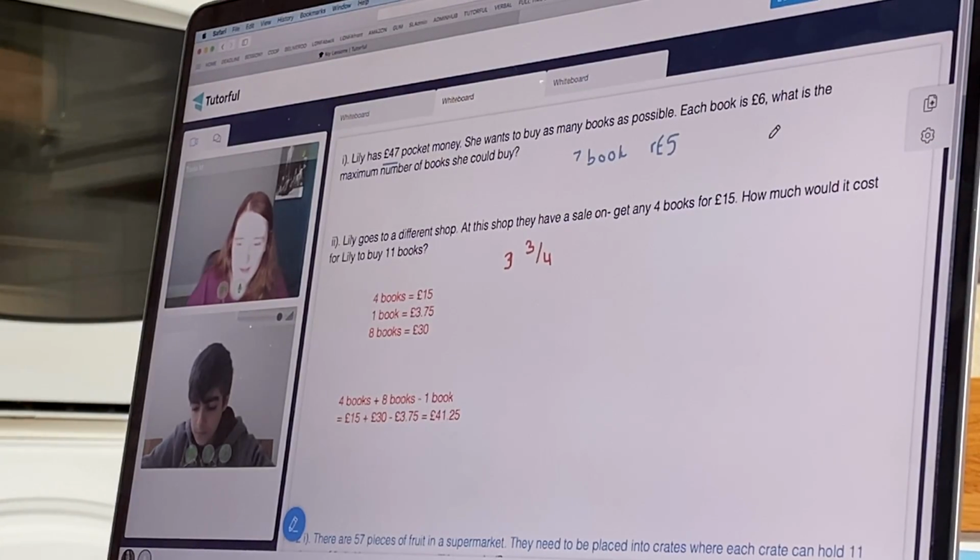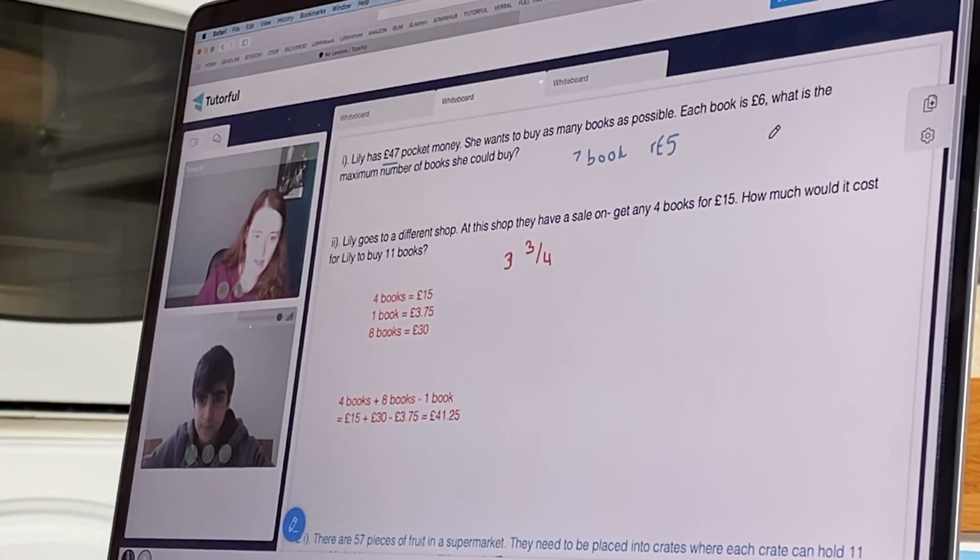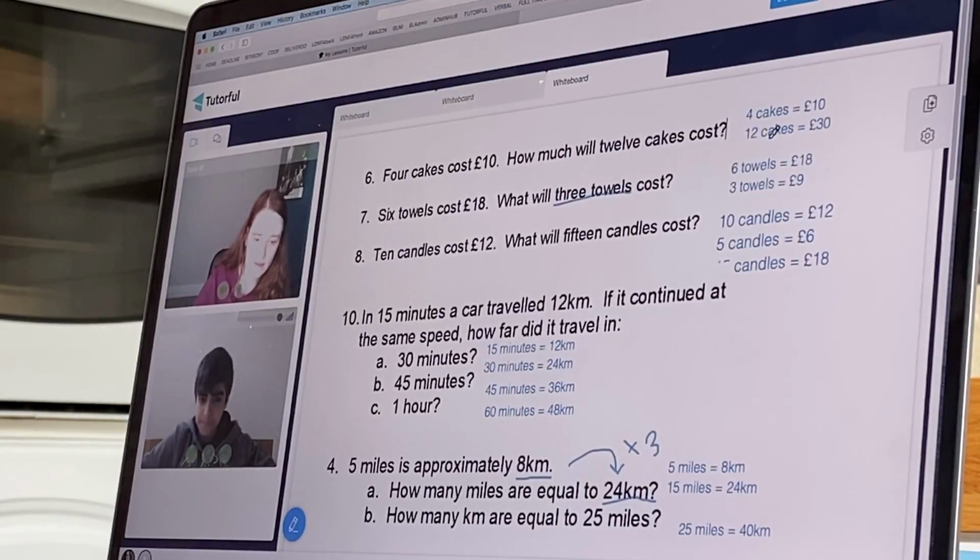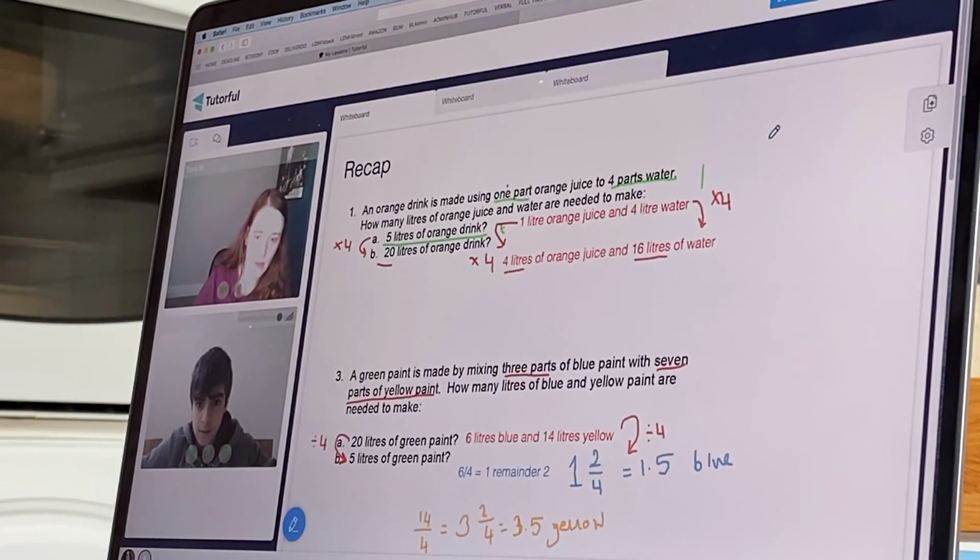So I'll have a good look for them next time. Next week we'll recap with this, and then we'll move on to some questions like this and see how you feel. But you did all the other ones, the slightly easier ones, super quick, so I'm happy that you're quite confident with those.